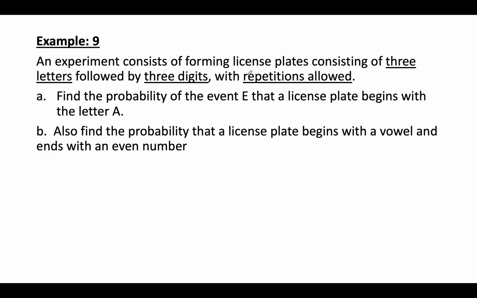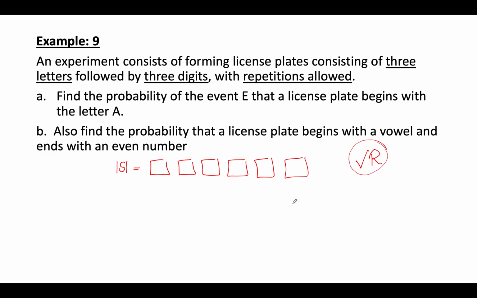So first of all, in order to solve this problem, we need to find my sample space. The sample space, all the possible outcomes of this experiment, consists of 3 letters followed by 3 digits, and repetition is allowed.